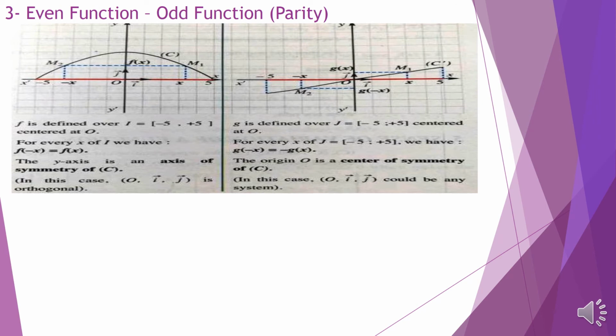Graphically طلعوا عنا there are two graphs in the Cartesian system, in the coordinate system. In the first, C represents an even function.